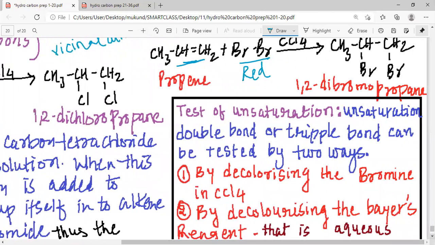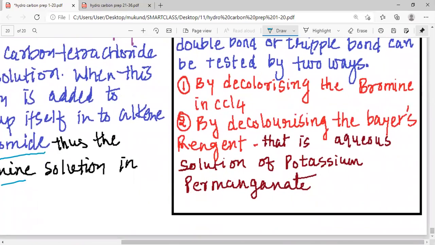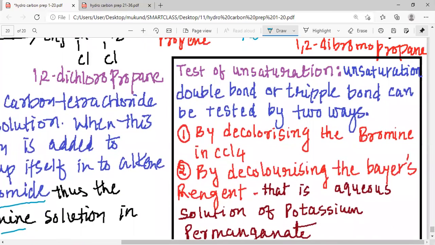So I hope now it's clear to you that we can use such a chemical reaction as a test for unsaturation. Unsaturation, that is double bond or triple bond, can be tested by two different ways.